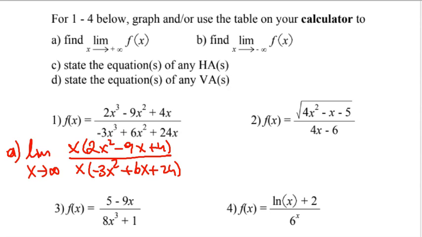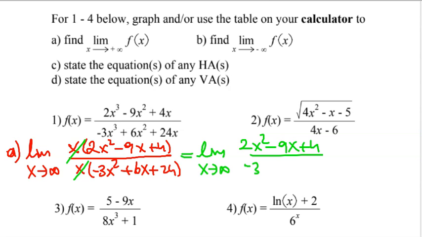Notice that I can simplify the x's, and I'm left with the limit as x approaches infinity of 2x squared minus 9x plus 4 over negative 3x squared plus 6x plus 24.